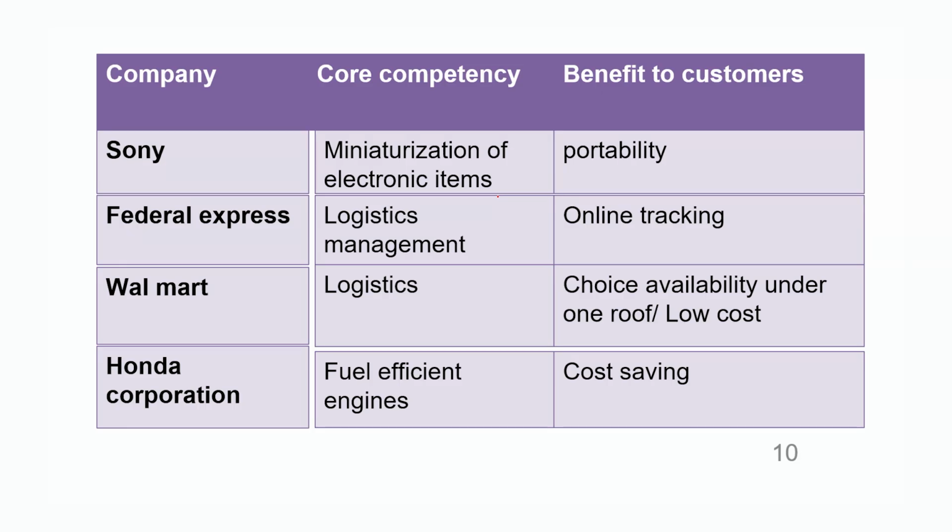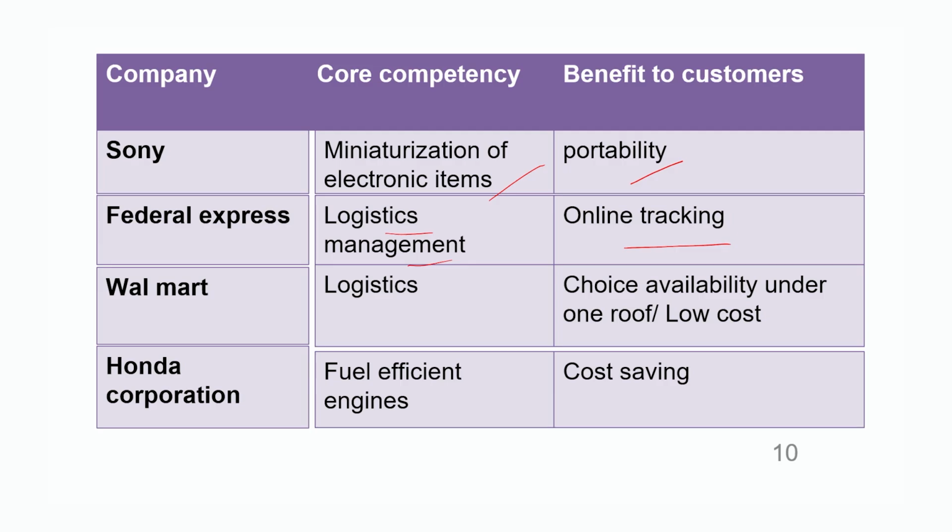One thing which they mention is that a core competency will always provide a certain kind of benefit to customers. For example, Sony's core competency has been in miniaturization of electronic items, and the benefit they provide to customers is portability. Federal Express's core competency has been in logistics management, and the benefit which customers get is online tracking.